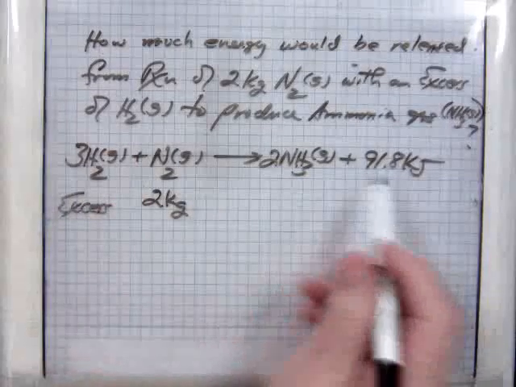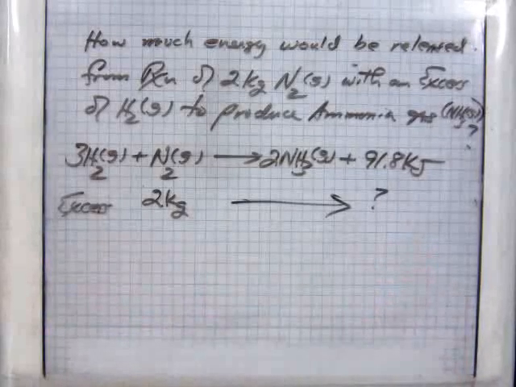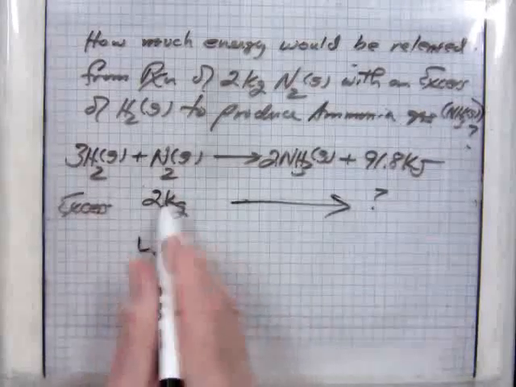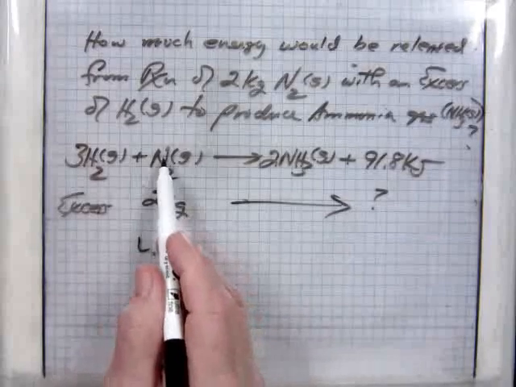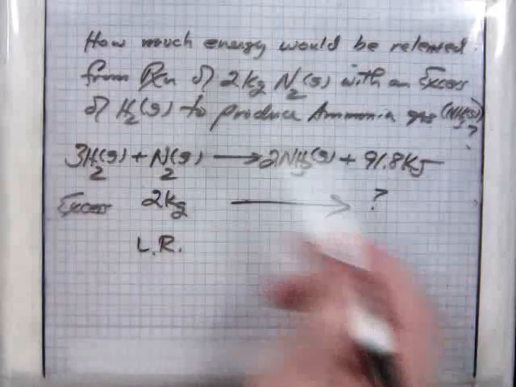So, the question is, how much energy will be generated in this process? Well, if we know that this is the limiting reagent right here, the moles of nitrogen will determine how much energy.